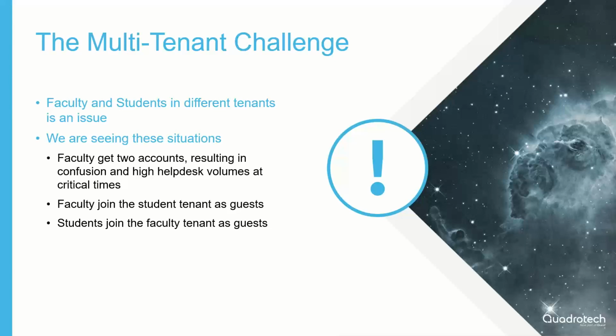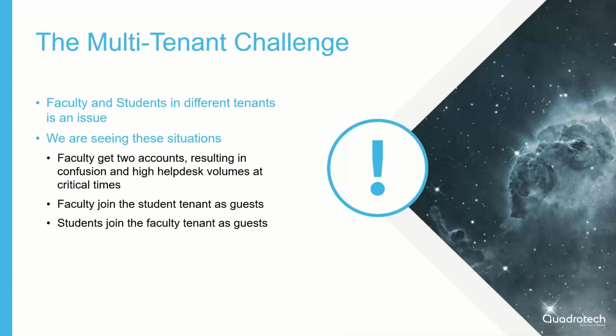Faculty join the student tenant as guests, but that's not really ideal because they don't truly have control. It's difficult to collaborate. They can't see everything, and it puts a lot of administration on somebody else to administer the student tenant and get everyone in the right place. It's just not natural.